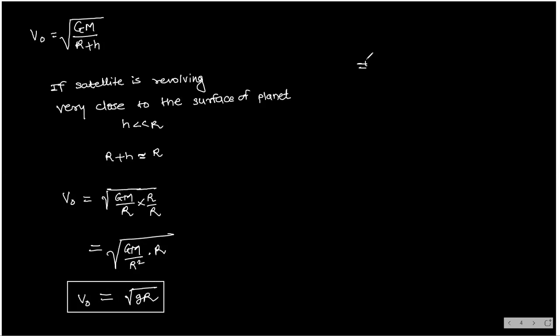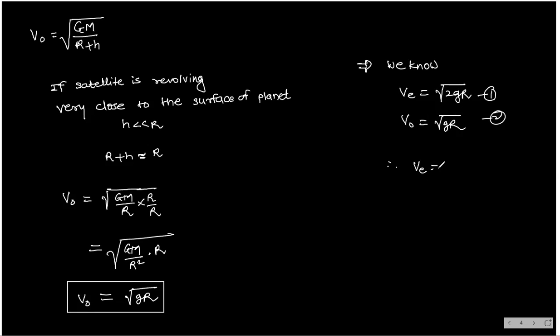Now see here another note point. We know V E is equal to root 2 G R and V naught is equal to root G R. If this is equation number 1, this is equation number 2, then can I write like this? V E is equal to root 2 times V naught. Yes or no?